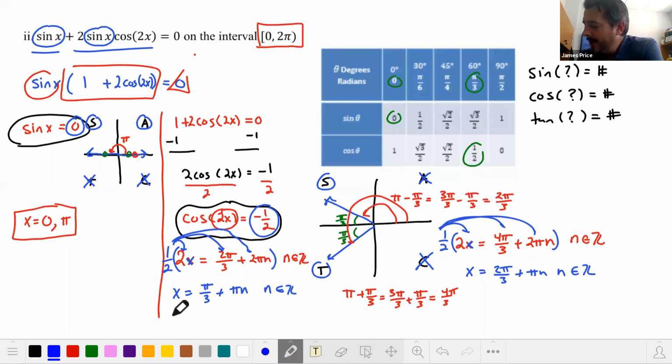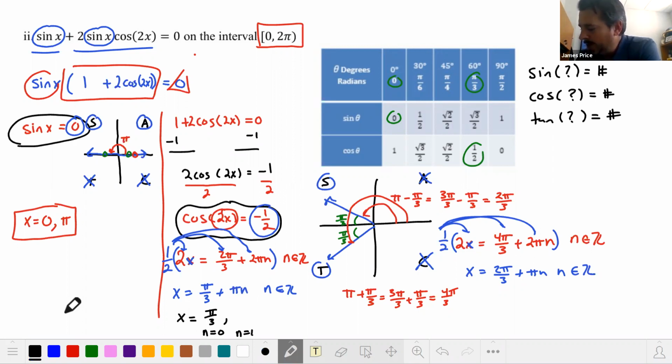And now for my final answer, I can just count these off. And so what I'm going to do is let n be equal to 0. When that happens, this term's going to go away. And so I'm just going to get pi over 3 for my first answer. Then I'll put a comma. And then when n is equal to 1, this is going to become 1 pi.